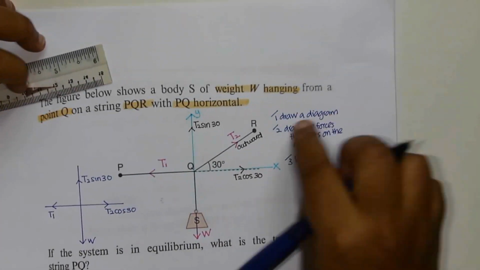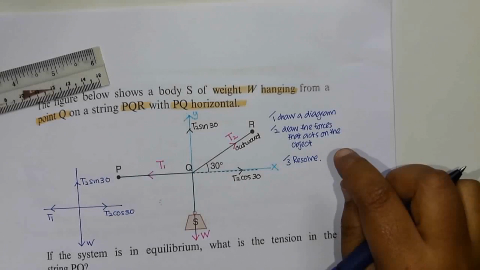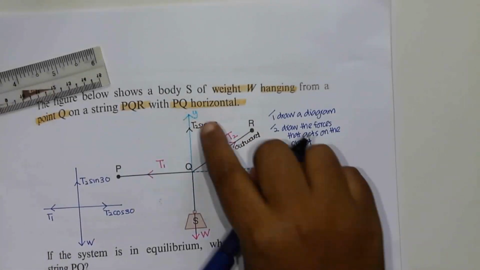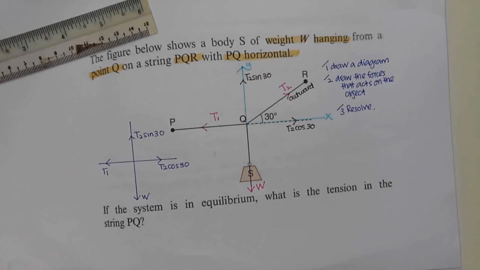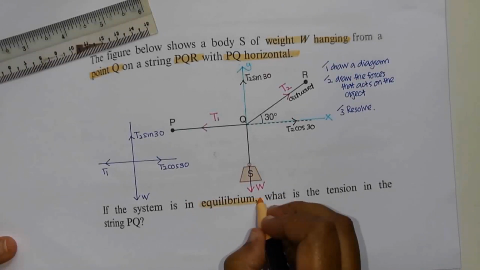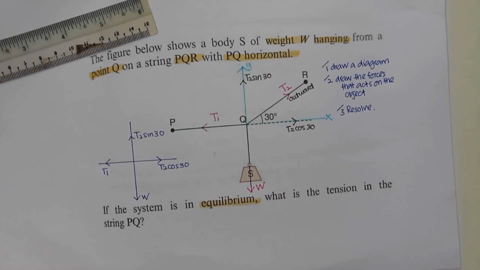Once you have resolved T2, you no need to put T2 in the picture, because you already resolved it. Now what shall we do? The question says, if the system is in equilibrium, what is the tension in the string PQ?